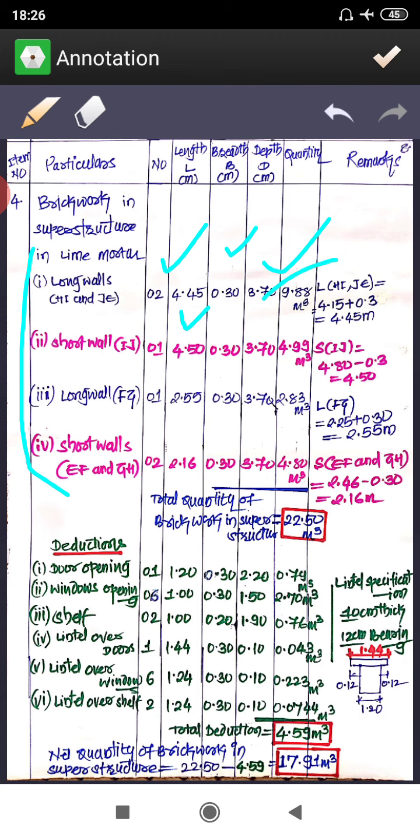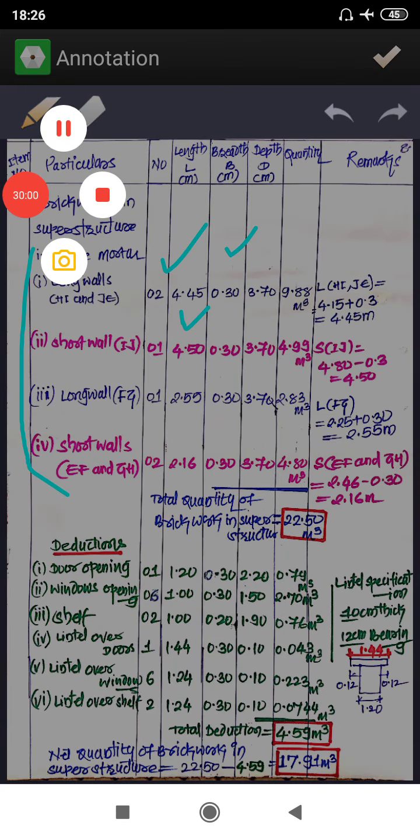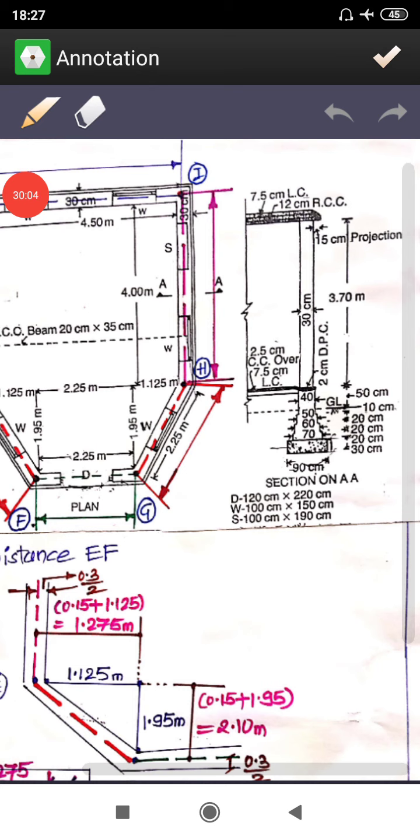3.70. The quantity is 9.88 meter cube. Now you have to show that how you have got that 3.70. That 3.70 is shown in the section. Now if you see this in the section, this is floor to slab 3.70, right, and the width is given here, right.